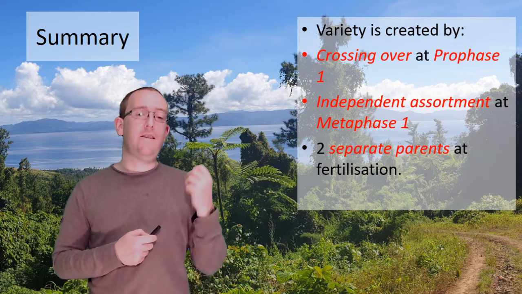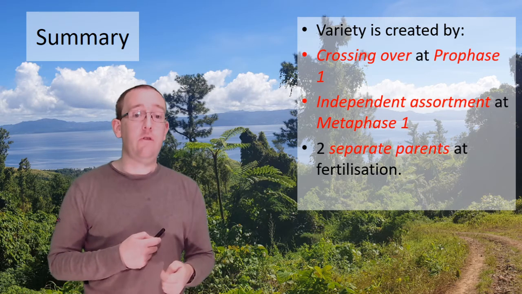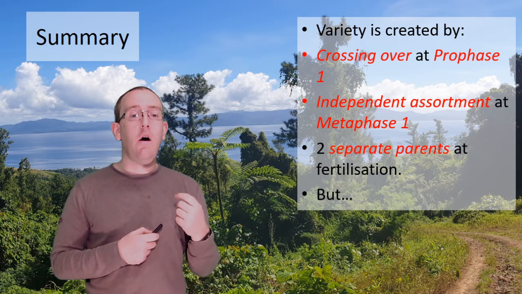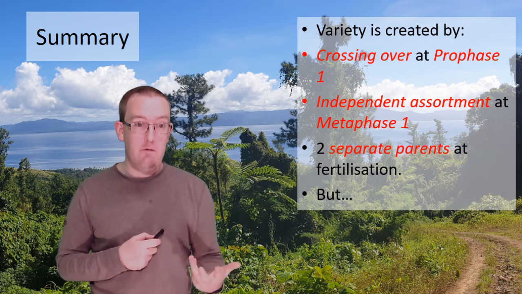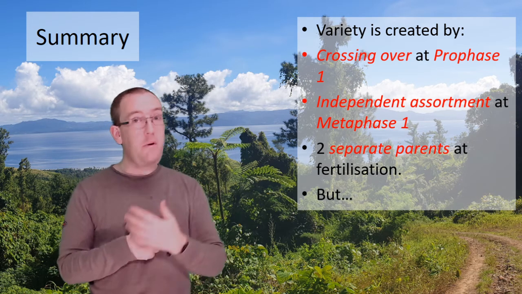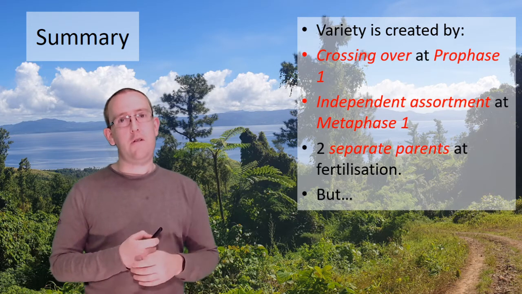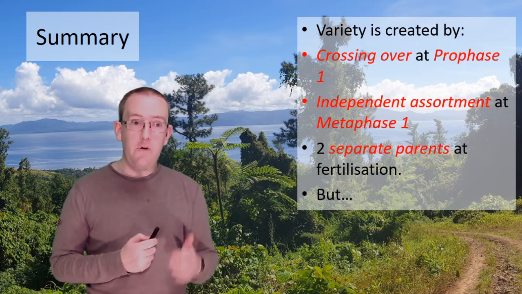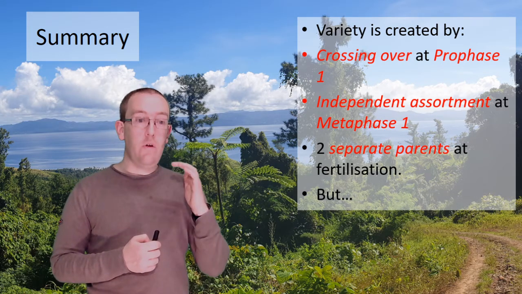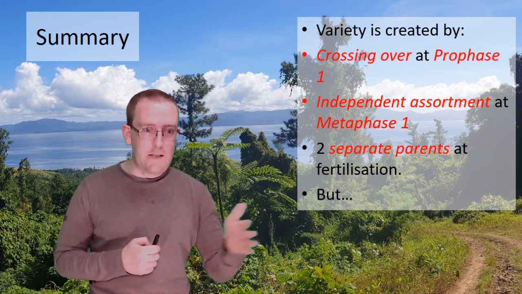So this leads to the fact that there are so many combinations, right, that you are completely unique. Right? You are the only person who has ever existed and probably ever will exist with your particular combination of chromosomes and alleles. Okay? There is nobody else on this planet who has lived or will ever live with exactly the same DNA as you.